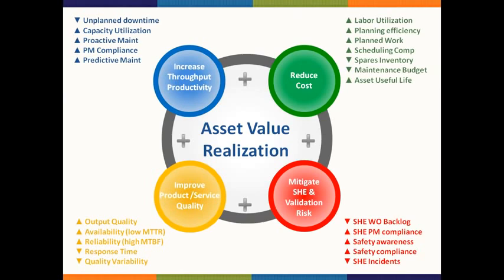They had one group of KPIs related to increasing throughput productivity, which in turn can relate to unplanned downtime, capacity utilization. Obviously capacity utilization has other pieces which are beyond the maintenance department, but nevertheless the maintenance department also plays some role in the utilization as well. So proactive maintenance, PM compliance, predictive maintenance. These were the 5 KPIs they felt had a direct impact on productivity.